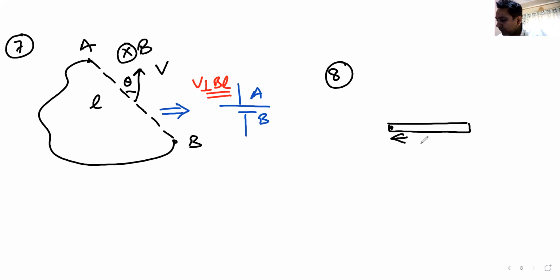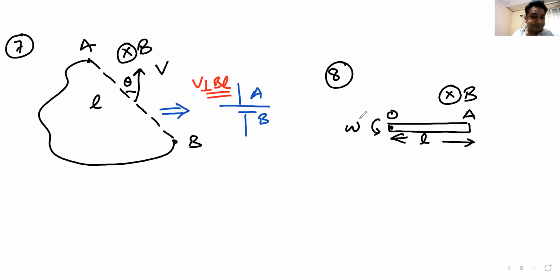I have this rod OA of length L rotating in a magnetic field with an angular velocity omega. What is the answer now in this case? Now here something has changed.